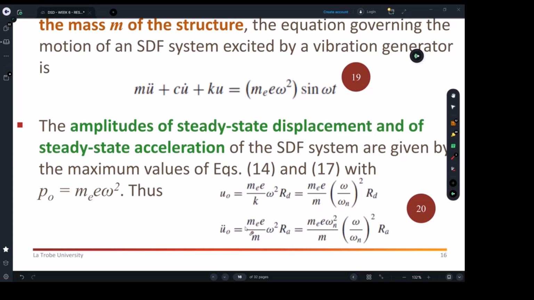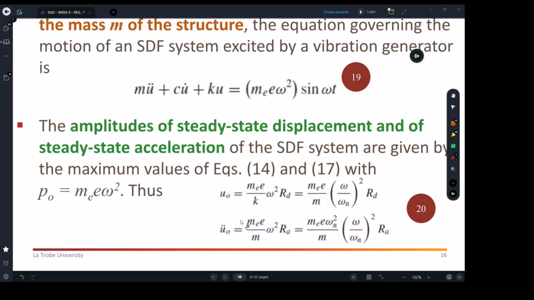You can see here, as we're going from week 3 up to week 6, only 3 weeks, but there are different ways of calculating things. And when I ask you some questions to calculate acceleration or displacement, and maybe we're talking about free vibration, in the exam some students come and use this one, but this has nothing to do with the vibration generator.